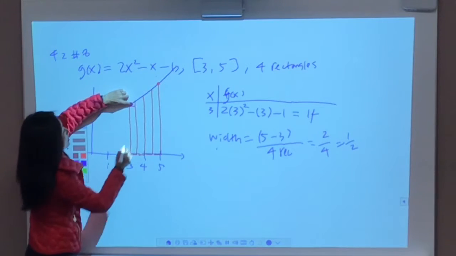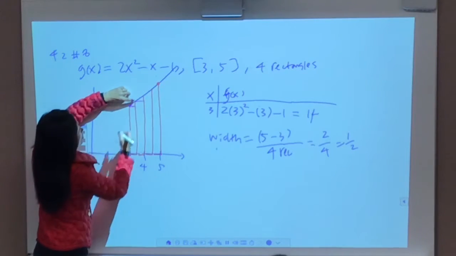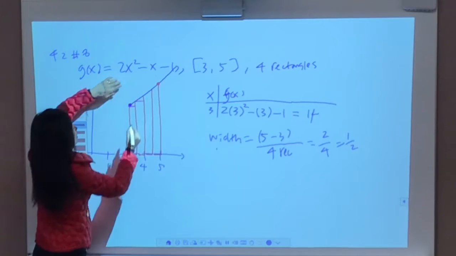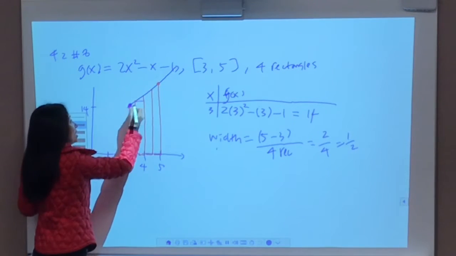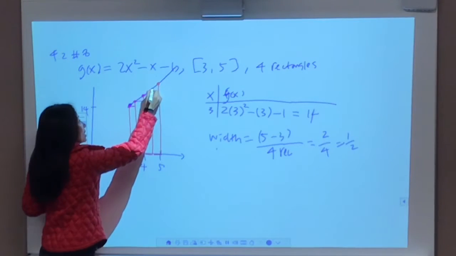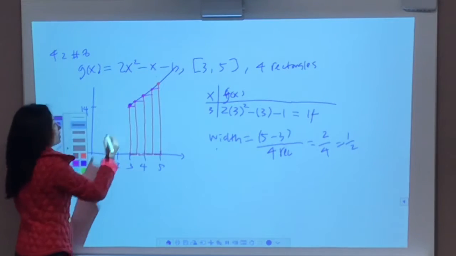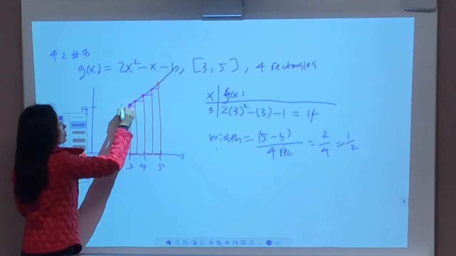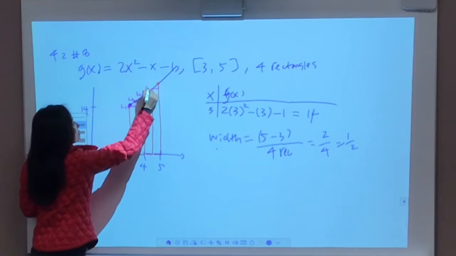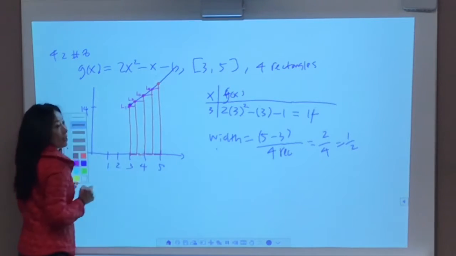That much. So I'm using this as my height, this, this, and that. That's my lower height 1, lower height 2, lower height 3, and lower height 4. That's what I'm using.